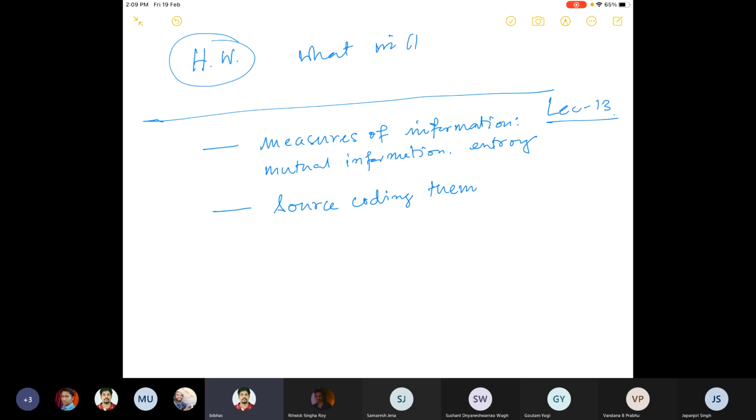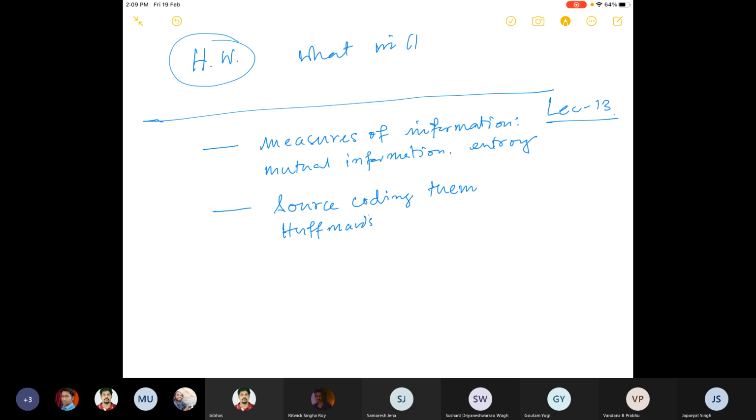Optimal in the sense that a code is optimal if there is no other code whose expected code word length is strictly less than the expected code word length of the optimal code. So, the coding theorem, and we talked about Huffman's code.